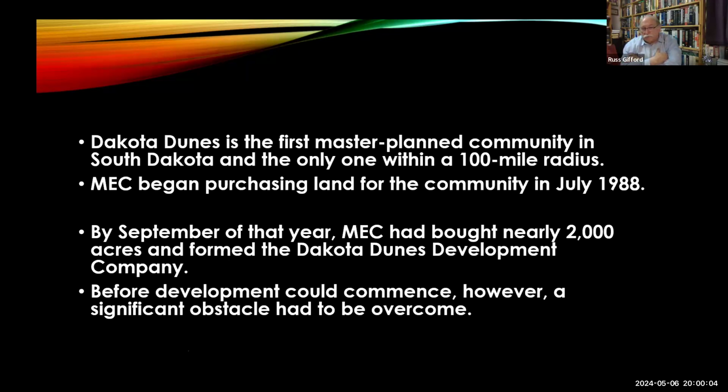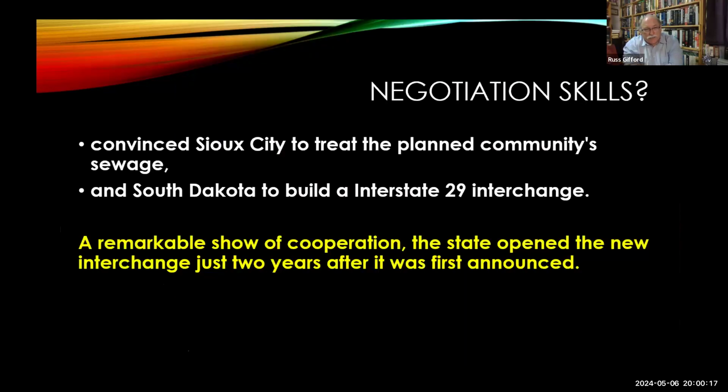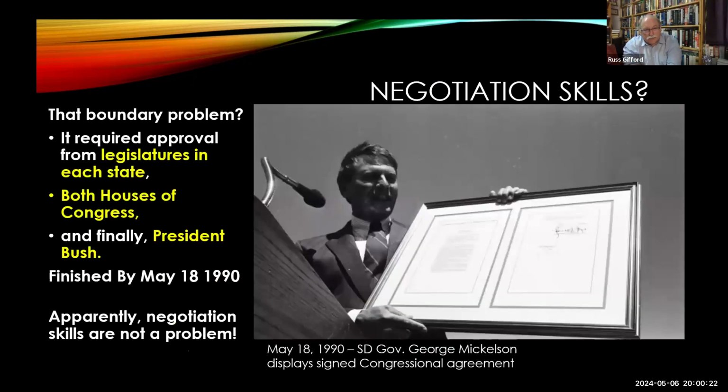Now, remember though, before development can commence, we got an obstacle that's got to be overcome, and this is not an easy one. They've got a number of obstacles, and the biggest one is that boundary problem. Now, you want to talk negotiation skills? To get that boundary problem, that idea of Nebraska and South Dakota coming to an agreement as to that land, to get that fixed, it required approval from legislatures in both states.